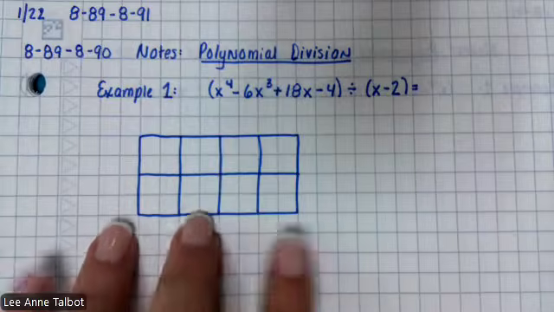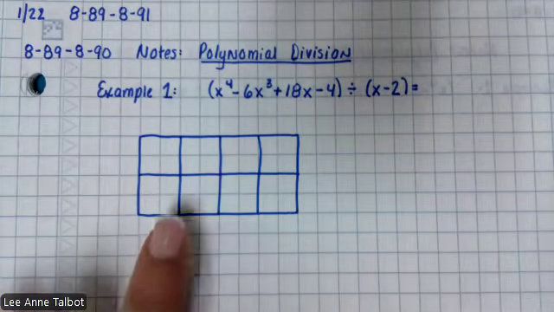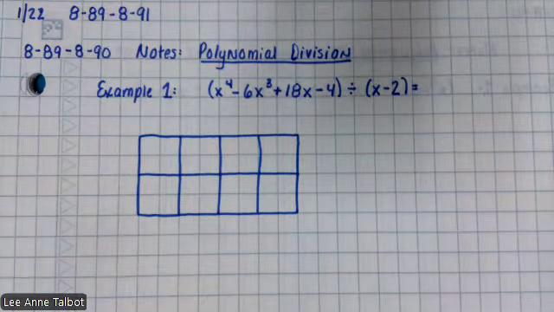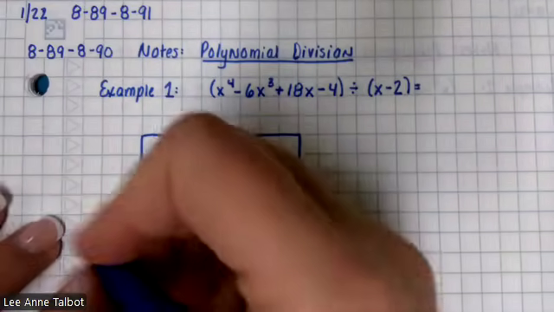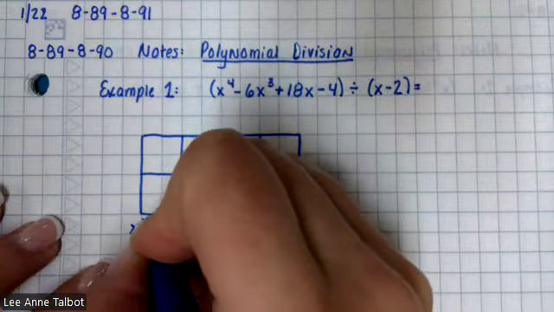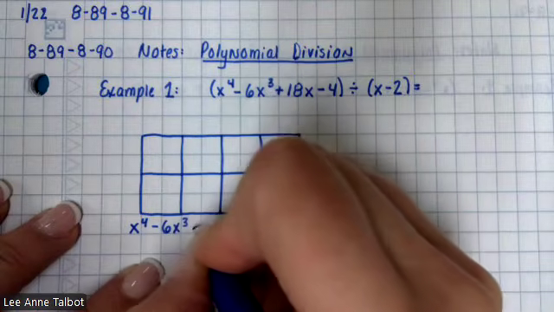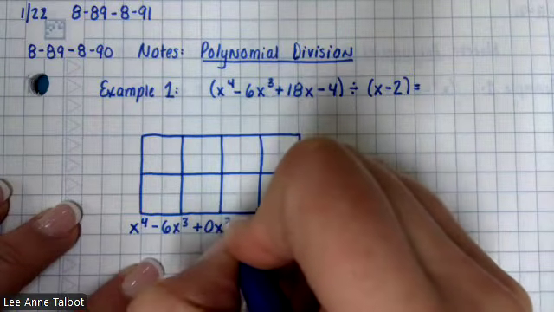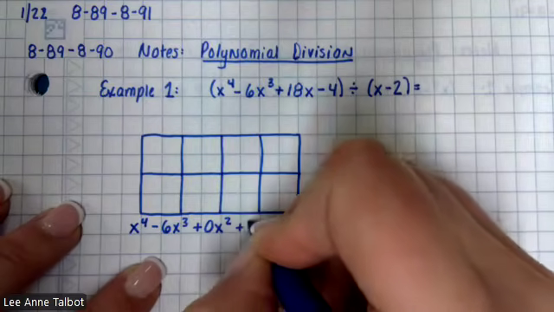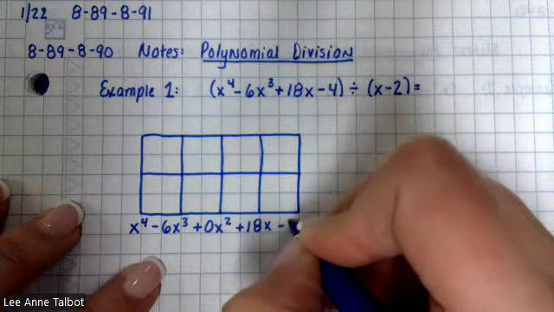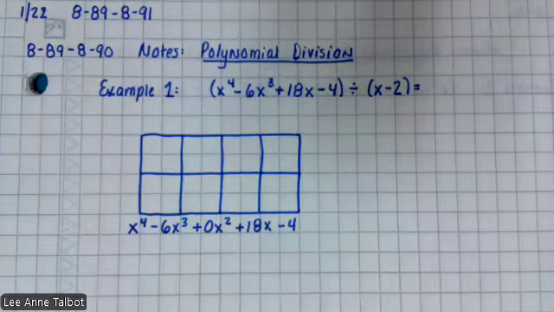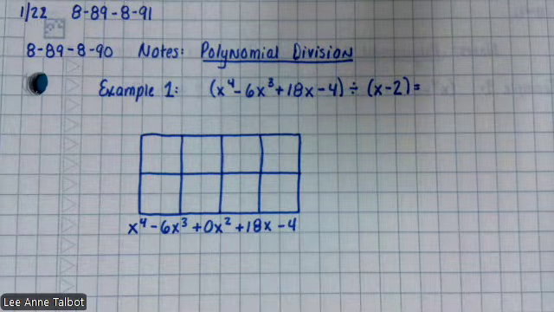Okay, the reason I like to line them up is because this works best if you put a placeholder in the spot where it's missing. So x to the 4th minus 6x cubed plus 0x squared plus 18x minus 4. So now you kind of have to keep your eyes peeled for any missing terms.